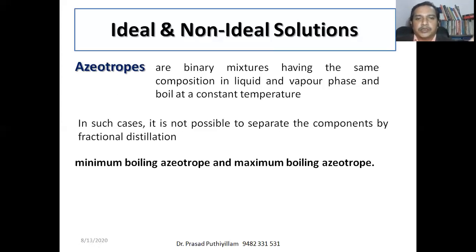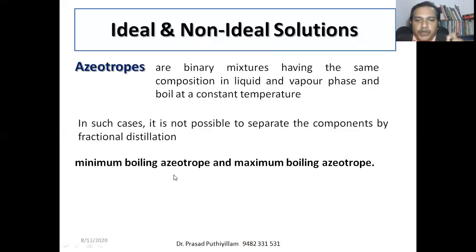Such mixtures are formed in industries when they do chemical reactions, or even in labs. We mix some solvents, and if we want to separate them afterwards for another application or for reuse, we have to do fractional distillation. In the case of azeotropes, fractional distillation is not possible. We cannot separate them.